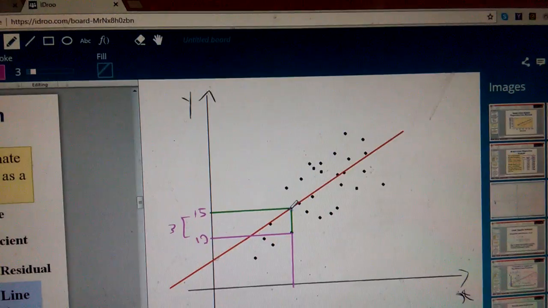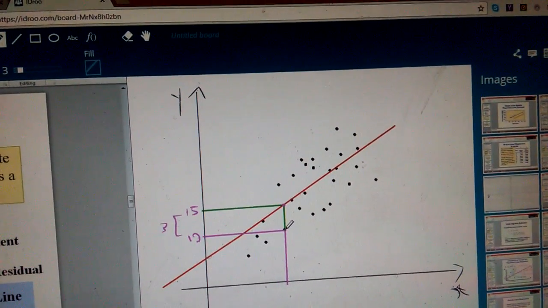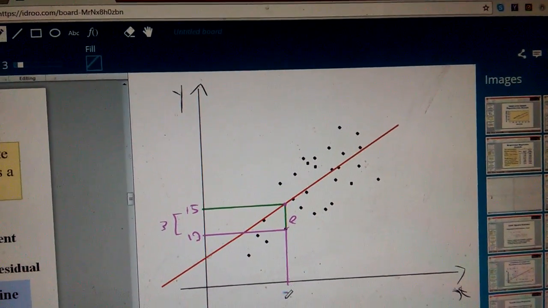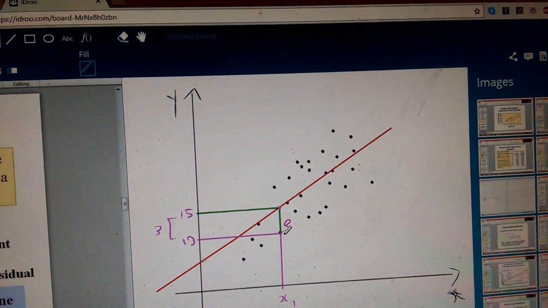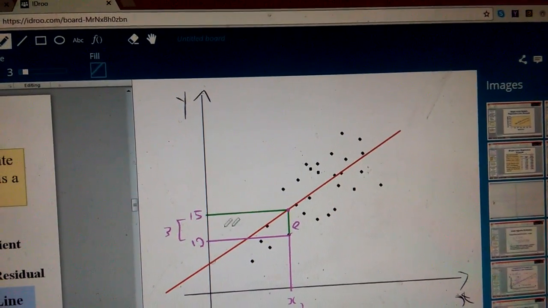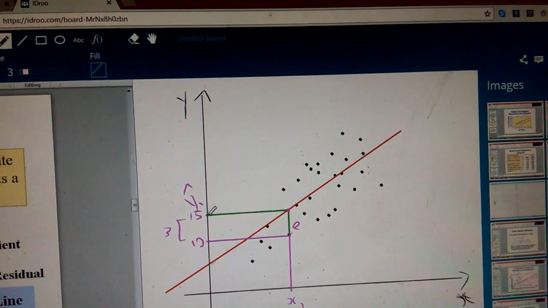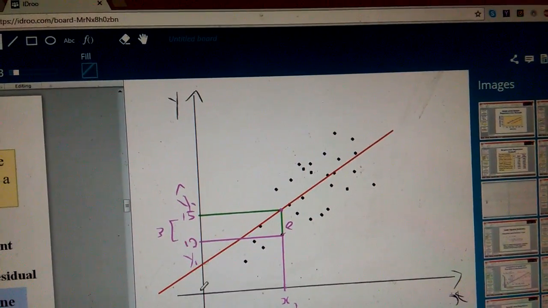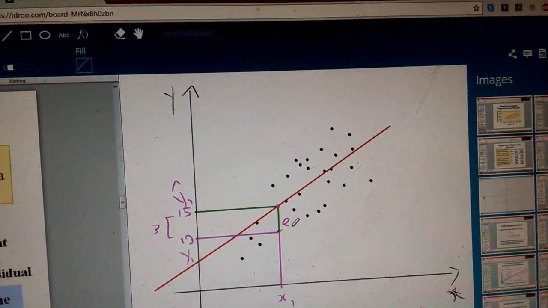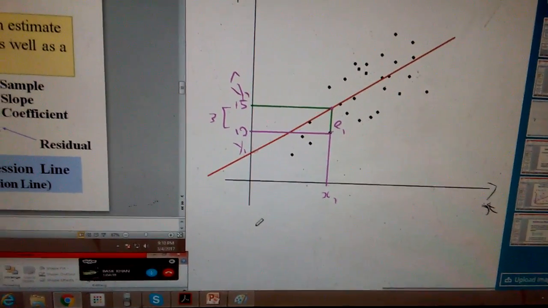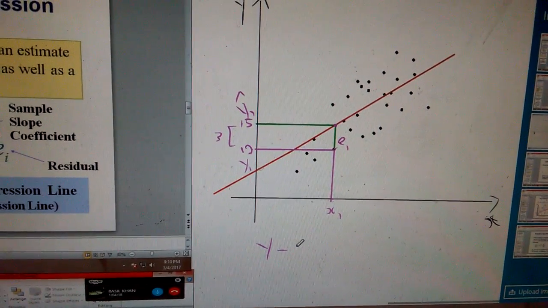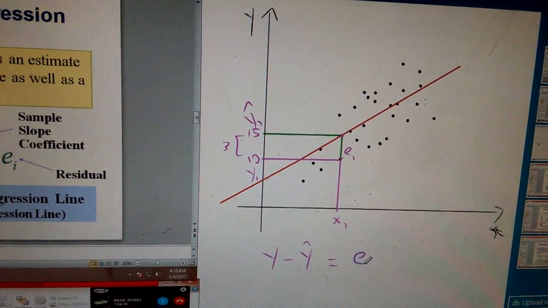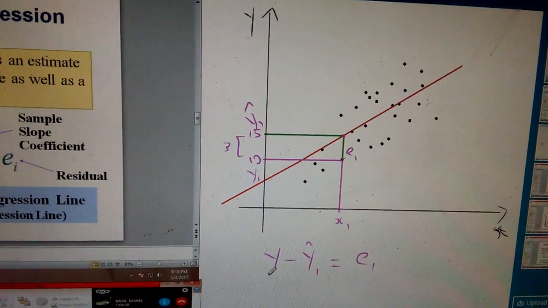You can say that the distance between my predicted value and the actual value is the error, and we call it E. If this value is x1, then the predicted y1 value is y1 cap, and this is your actual y1 value. The corresponding error is e1. So the actual value minus the estimated value equals the error: e1 is obtained by subtracting y1 cap from y1.